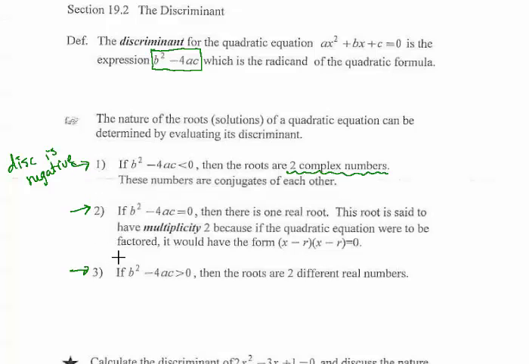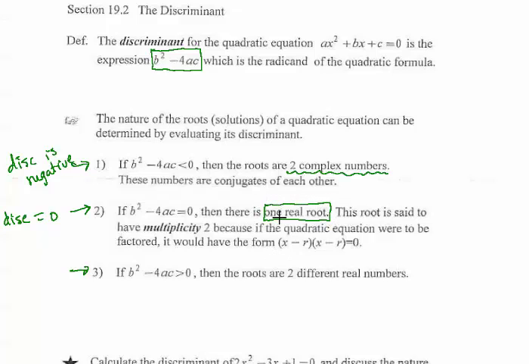Number 2, and we've sort of seen each one of these in the examples on the previous page. We had an example where the discriminant was negative and we got 2 complex numbers. The second one, if the discriminant turns out to be 0, then we end up with 1 real root. Root is just another word for solution.